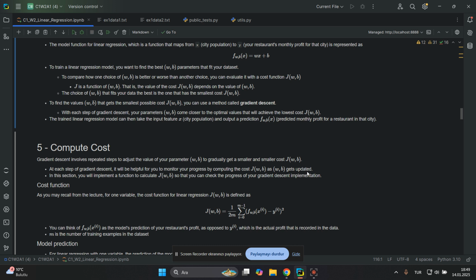The cost function is the same as in the lecture for linear regression with one variable, and J(w,b) is defined as here.